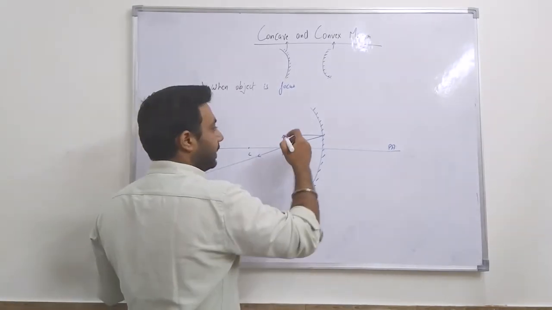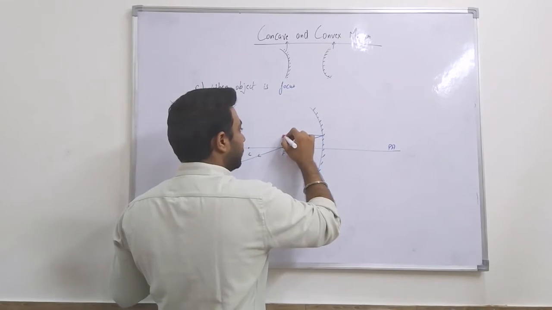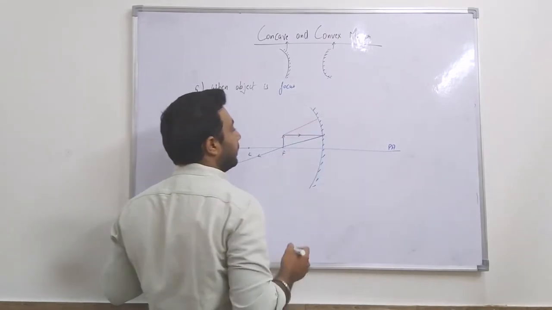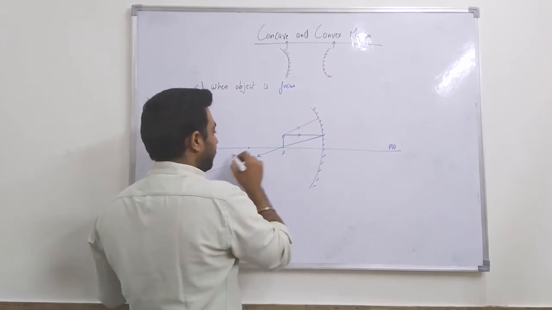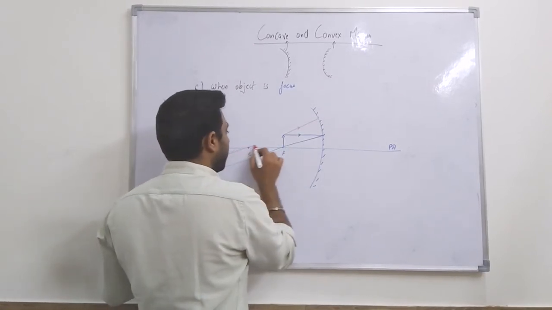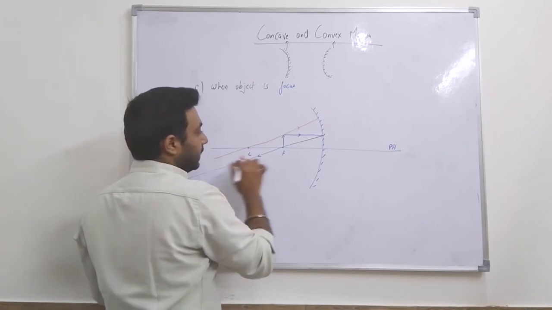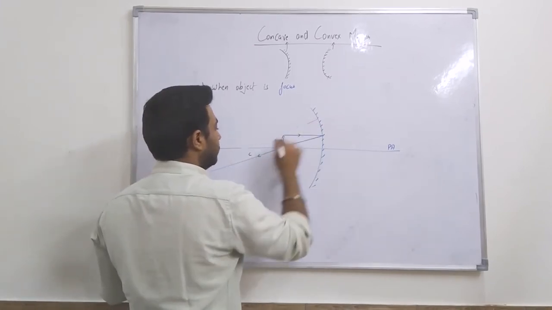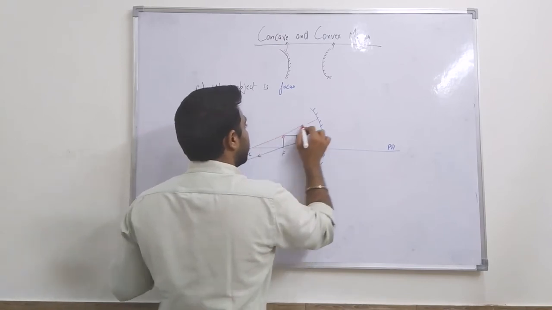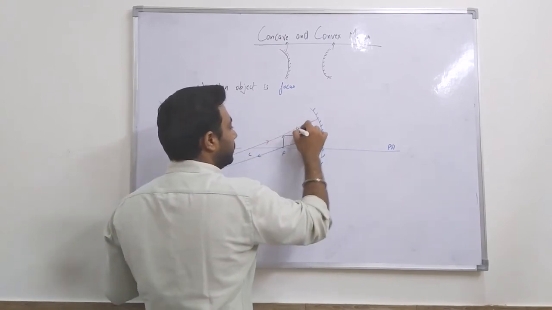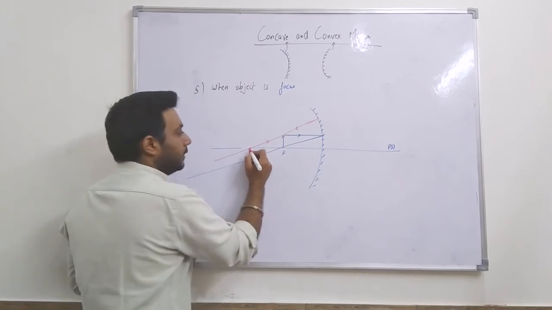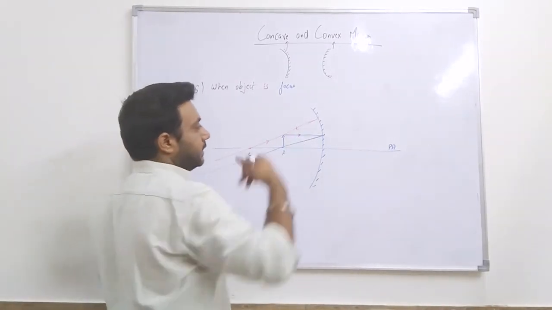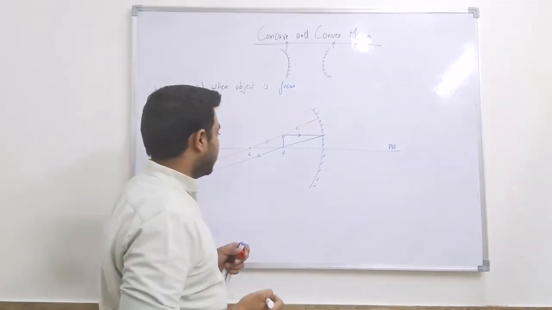Another ray which passes through curvature will follow the same path as that of the incident ray.